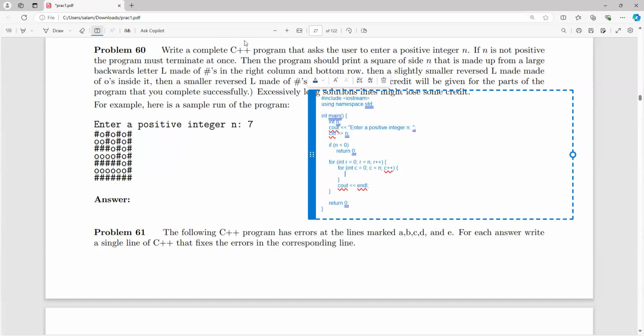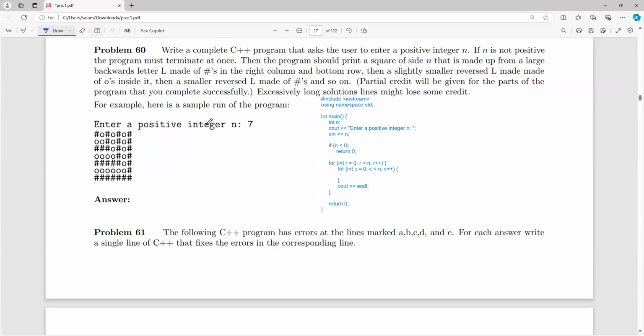Why do you put less than instead of less than or equal to for r and c? That depends on where we start. If we start at 0, this is 0, this is 1, 2, 3, 4, 5, 6. See how we only go up to row 6 or column 6? Same thing here.